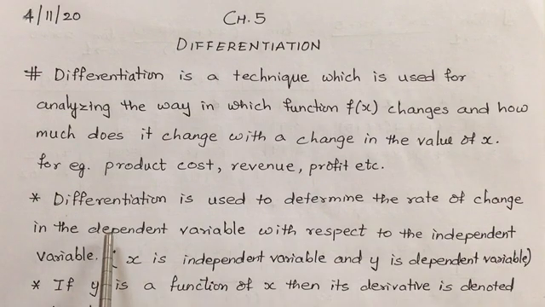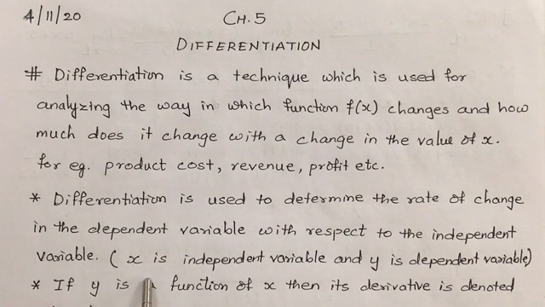In other words, we can say that the application of differentiation is to determine the rate of change in the dependent variable with respect to the independent variable. Here we will be taking the independent variable as x and y as the dependent variable.